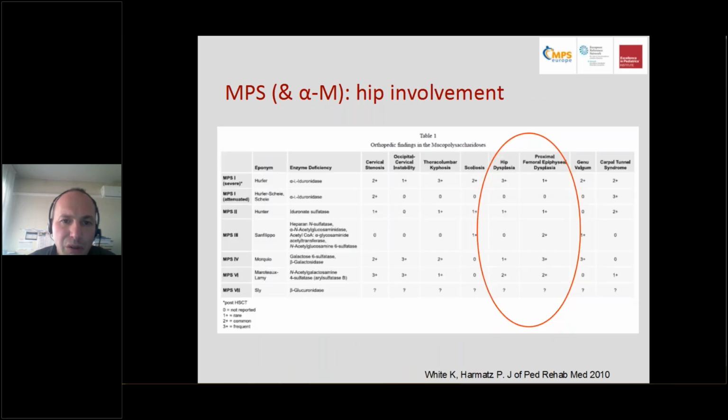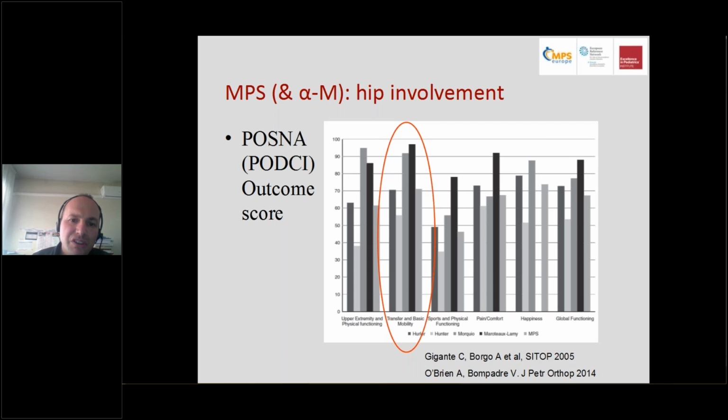So what about the lower limb? I'd like to present this result from a study by White and Armath, and we can see that the presence of hip dysplasia or proximal femoral epiphyseal dysplasia is very commonly reported in MPS adults and also in children. I'd like to present this outcome, I don't know if you are familiar with the POSNA outcome score, that is a functional score that pediatric orthopedic surgery uses to quantify the function of the musculoskeletal system in children.